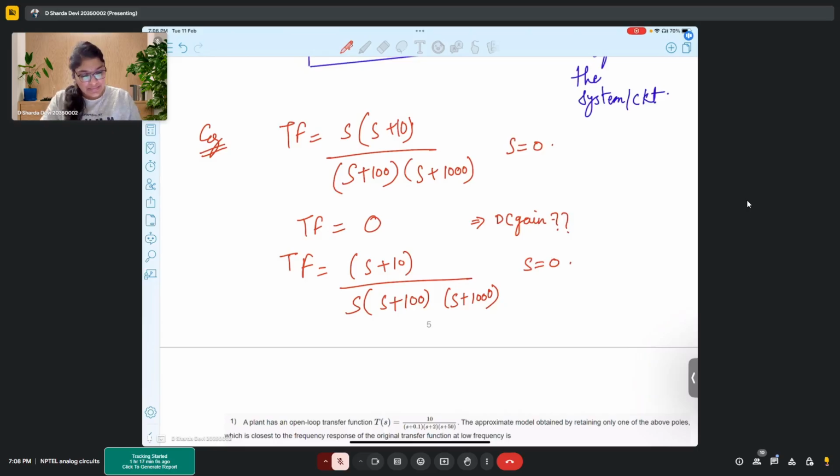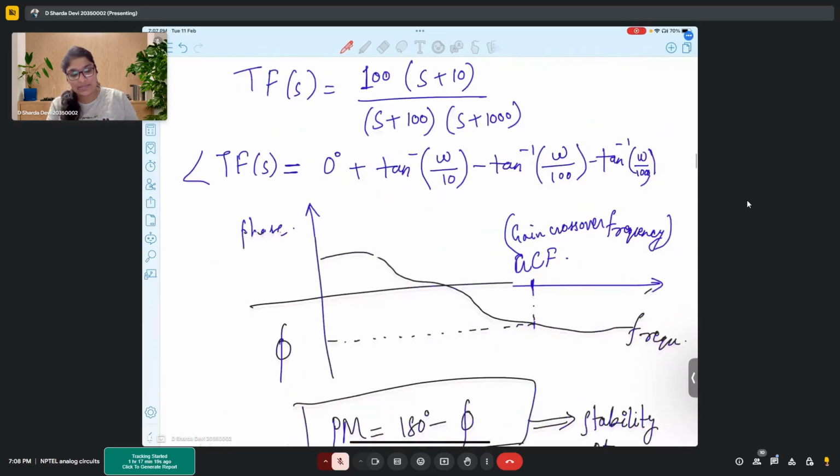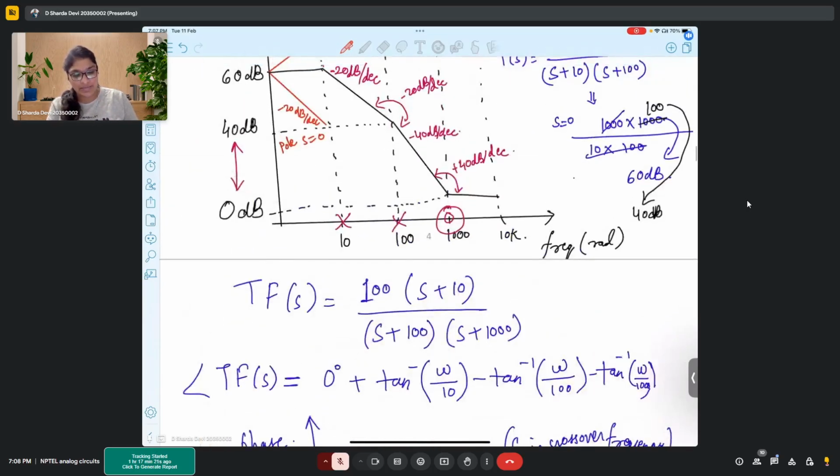In this case it will go to infinity. In these situations, your system will start from some specific DC gain and your slope will be increasing or reducing depending on that.